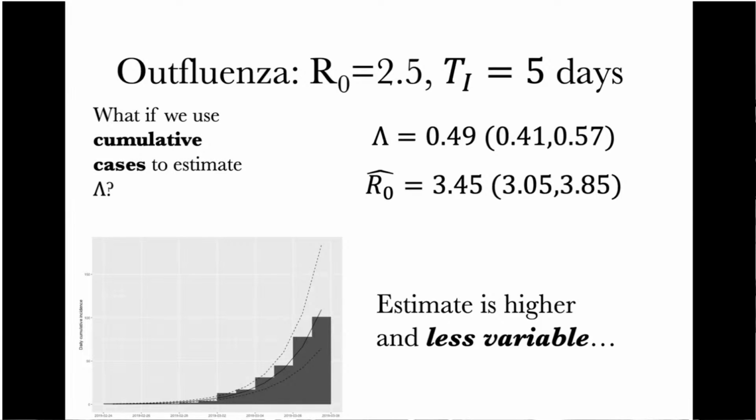So sometimes, instead of regressing on the log of infected cases, you can regress on the log of cumulative cases. That is mainly because when you accumulate, you reduce the noise in the data.